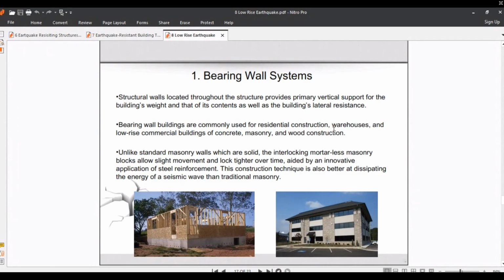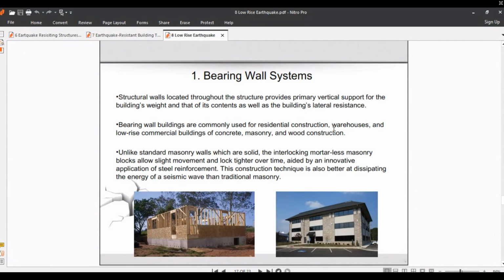Unlike standard masonry walls, which are solid, the interlocking mortar-less masonry blocks allow a slight movement and lock tighter over time, aided by an innovative application of steel reinforcement.